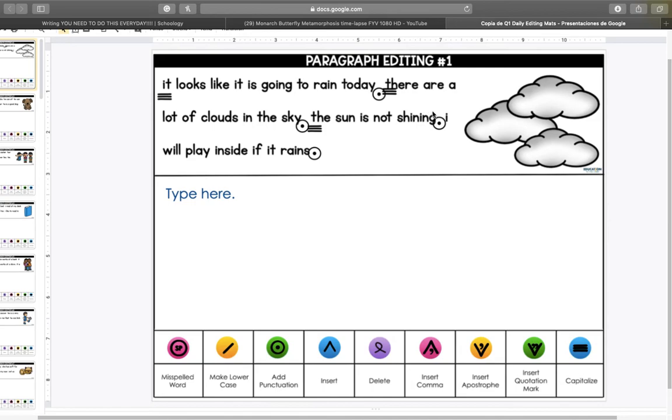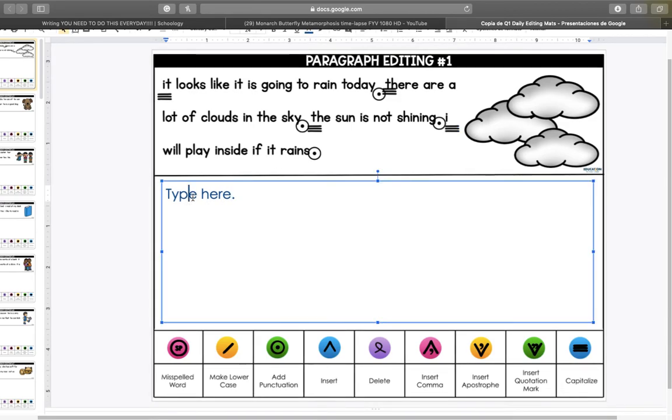So I'll need to divide the two sentences by adding a period and then adding a capitalizing symbol for the I so that it becomes capitalized. Also, when I is used as a pronoun, which is always, it needs to be capitalized. That's another rule: I always needs to be capitalized. I will play inside if it rains. Okay, so I'm finished with my sentence, so I'll have to rewrite it. So let's begin.